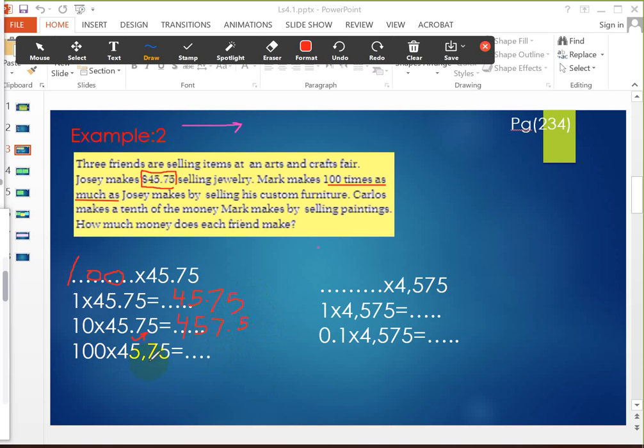Now when we multiply this number by 100, you have to move the decimal point 2 digits to the right side from here to here. Okay, so the decimal point will be right here. So the number will be what?